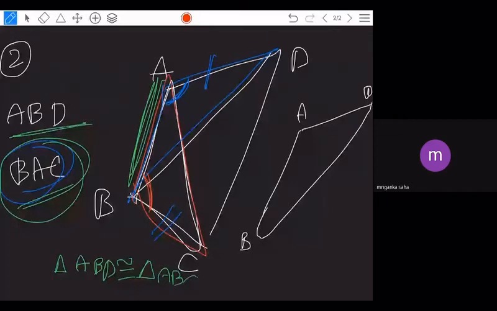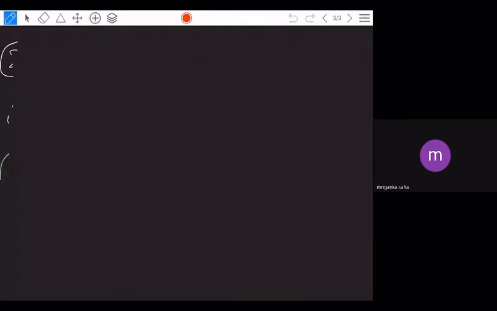But in this triangle ABD, if you take AD into consideration, it has to be equal to AC, but AD is not equal to AC, सो ये गलत है. So BAC you have to write. The main thing is that how you write the congruency of the triangles is very much important.